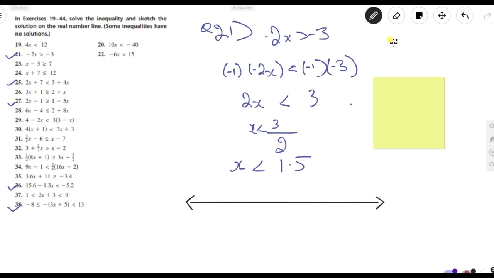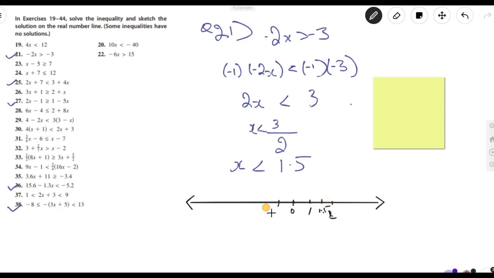If, for example, 0 is here, this is your 1, and this is going to be your 2, and this is your 1.5 in the middle, and from here you have all the negative numbers.